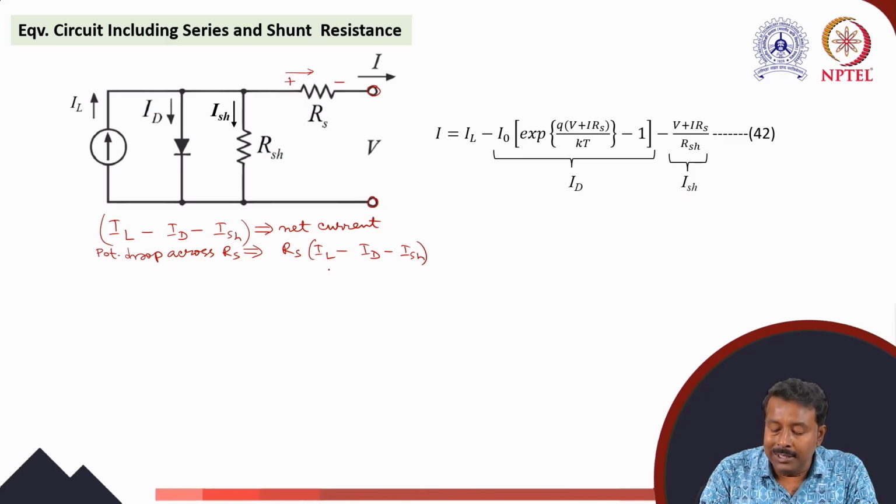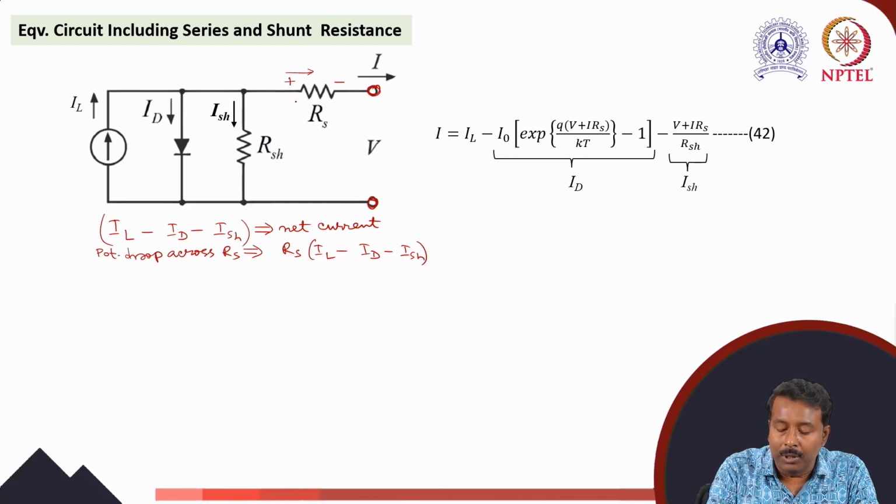But one thing you should remember, the terminal voltage V is here, and the voltage across this diode, what is the value? That will be V plus I into RS. Obviously, if the terminal voltage is V, the voltage appearing across this diode will be V plus I into RS.